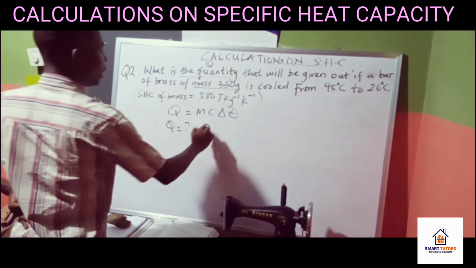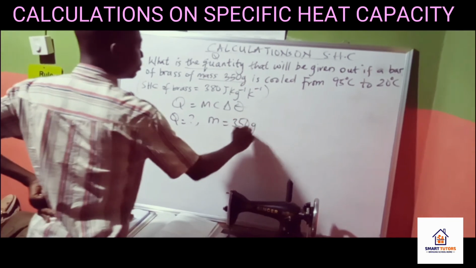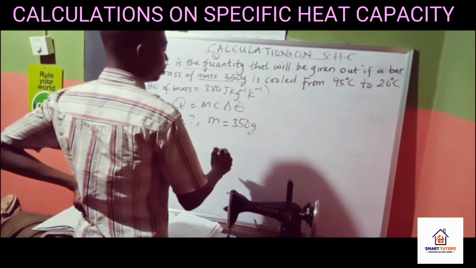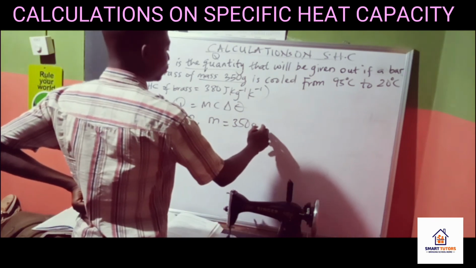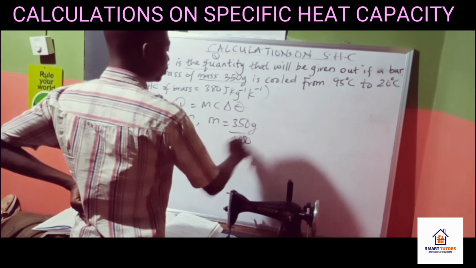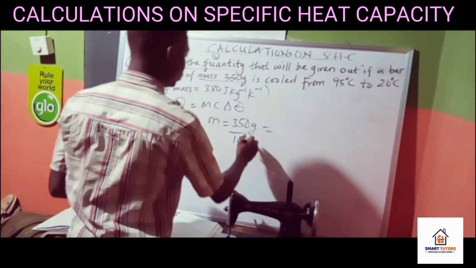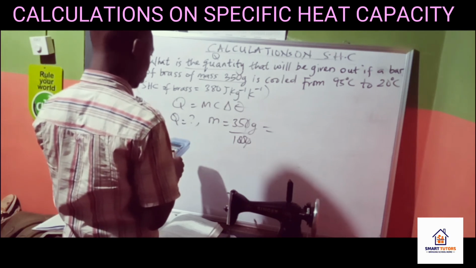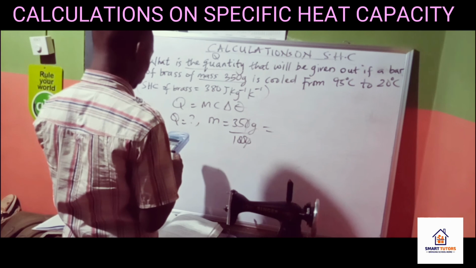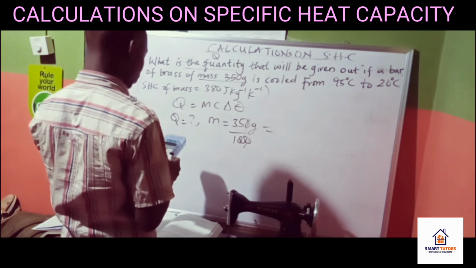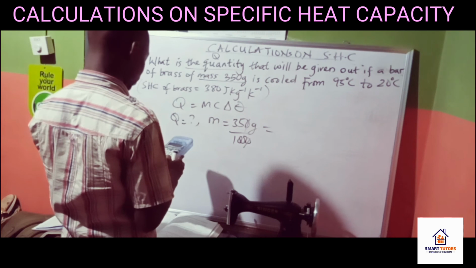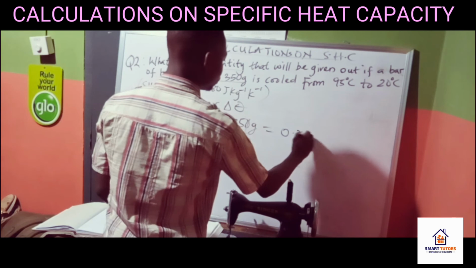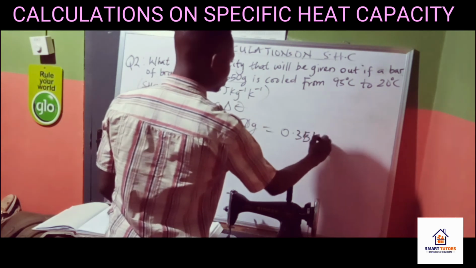The mass of the brass is 350 grams, so you convert it to kilograms by dividing by 1000, which gives 0.35 kg.